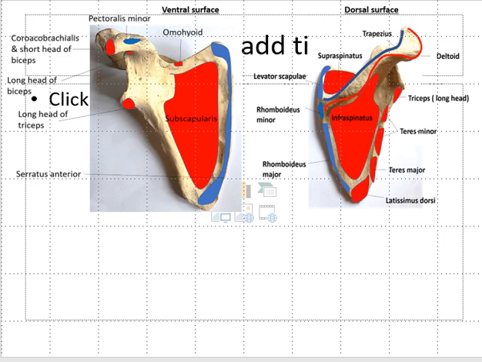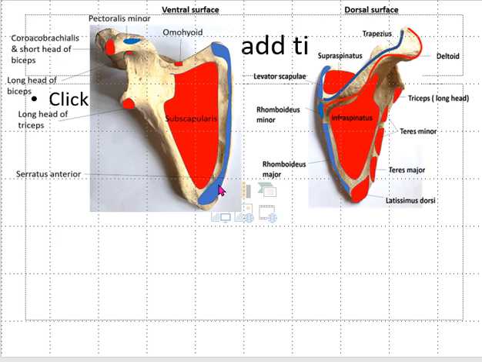Muscles attached to the three borders of the scapula. The medial border. The costal surface of the medial border provides attachment of the serratus anterior muscle.